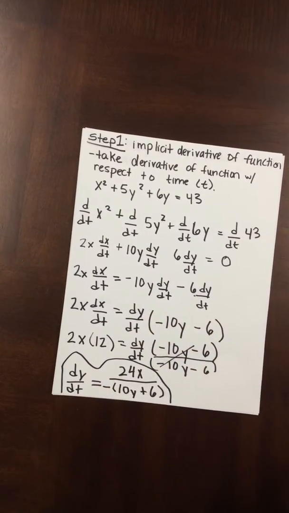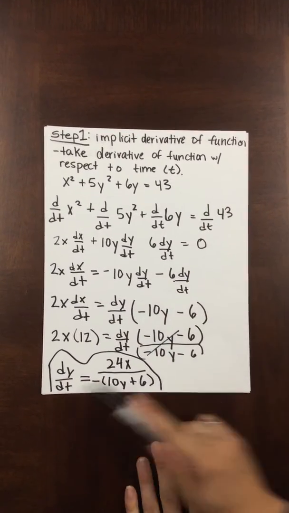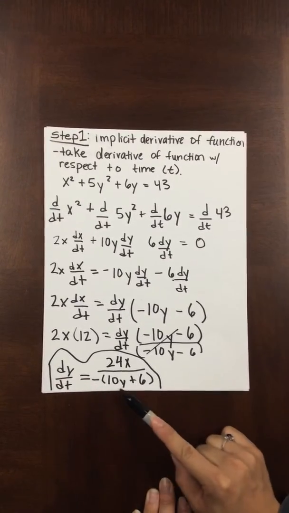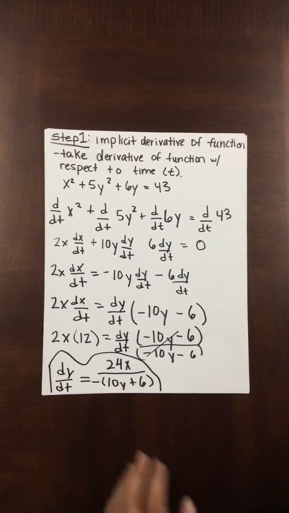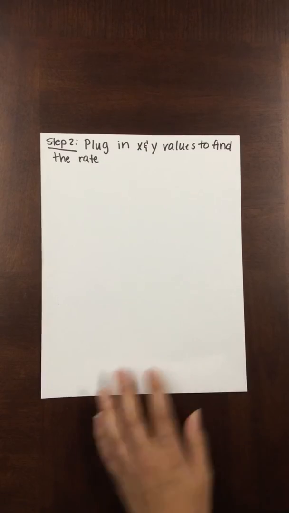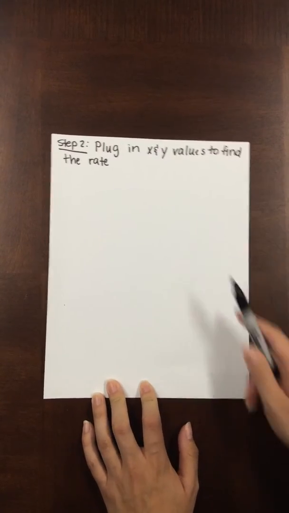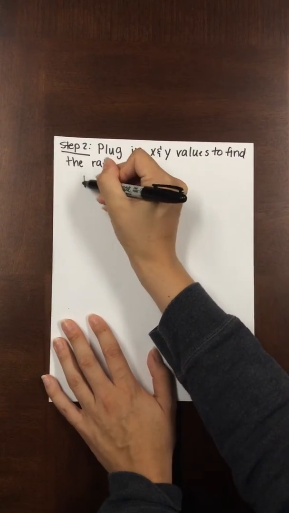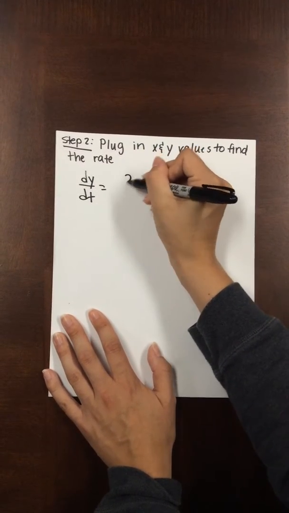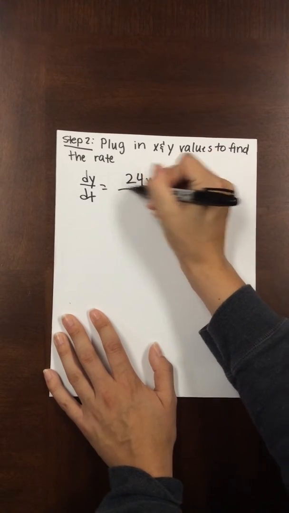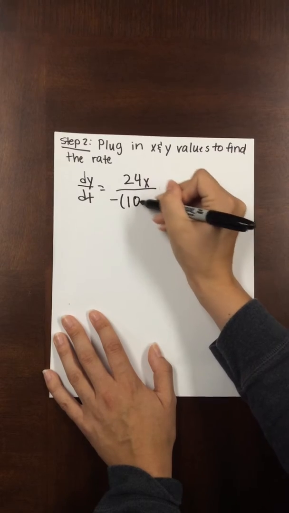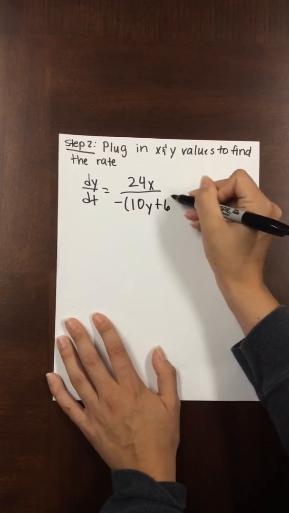So for the first step, taking an implicit derivative of this function, dy/dt is 24x all over negative (10y plus 6). Since we need to find the rate, the second step is to plug the x and y values into that equation. I'll rewrite what our dy/dt was: 24x over negative (10y plus 6).